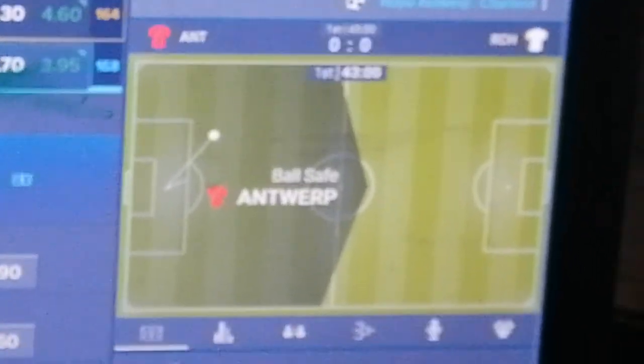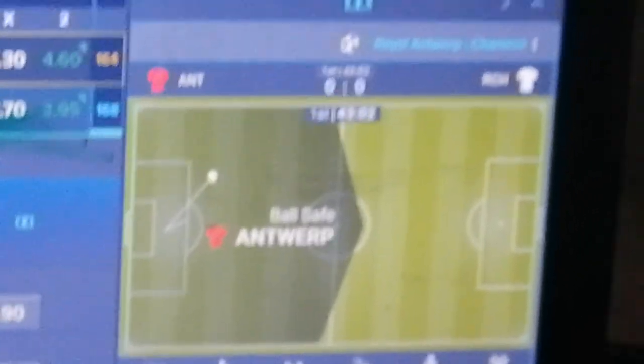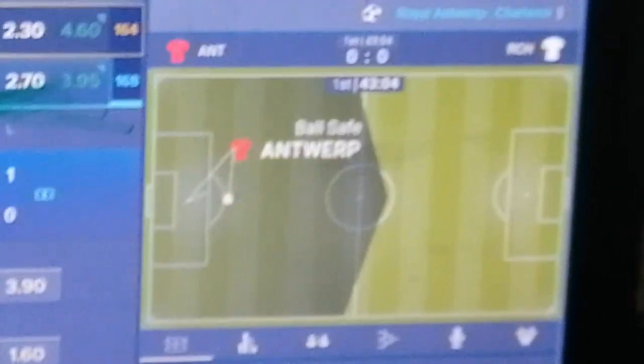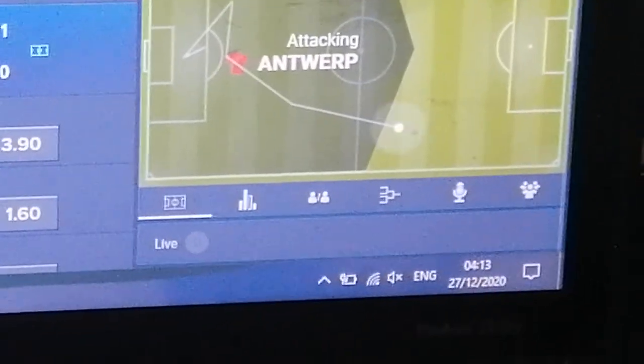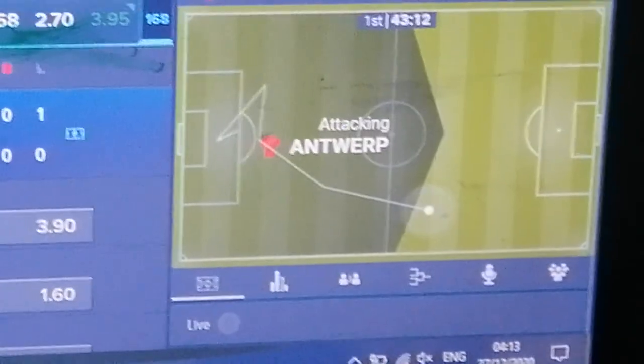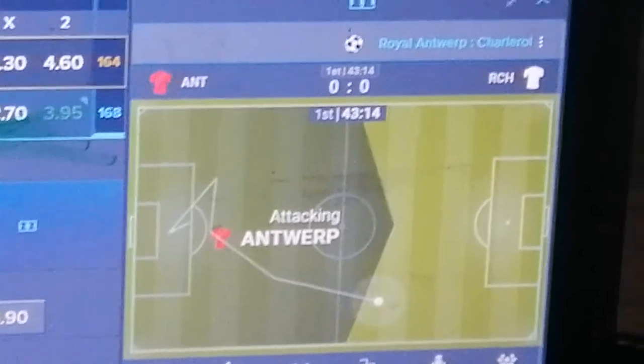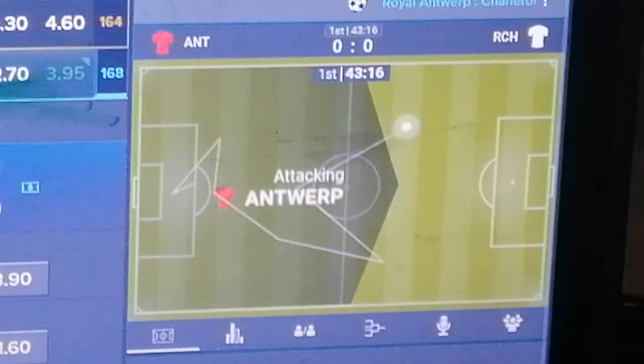Remember, we have our first half at 3 odd with $5. That will be getting $15 if a goal is scored.